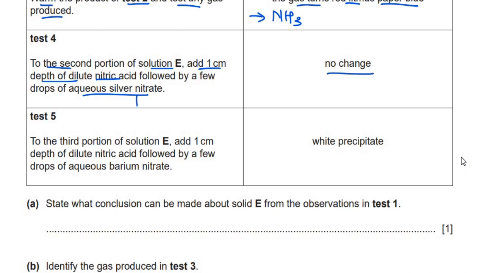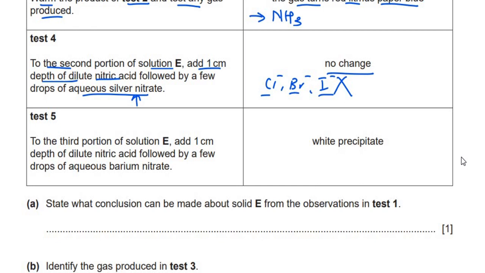No change on adding acidified silver nitrate means chloride, bromide and iodide ions are not present. If they are present, we would have got white precipitate or cream precipitate or yellow precipitate of the halide ions, but we have not obtained.